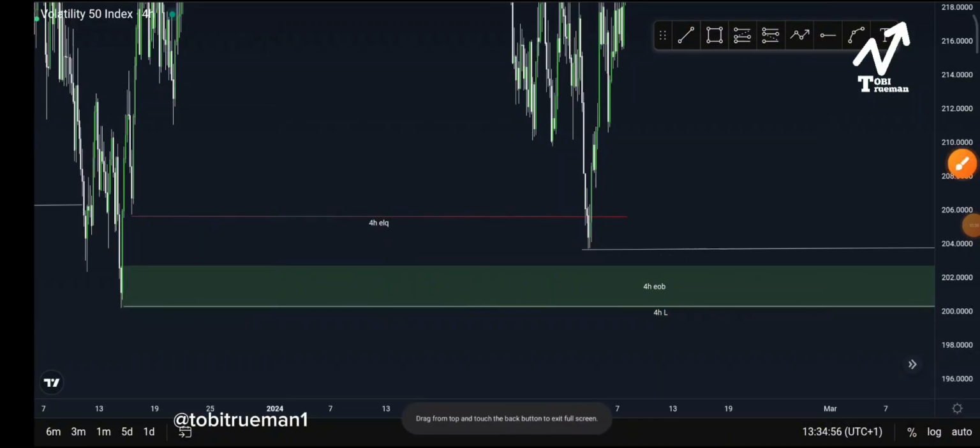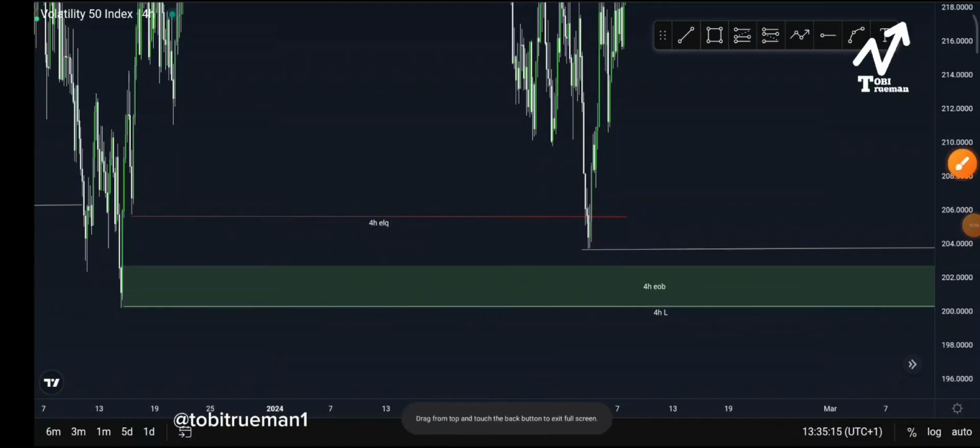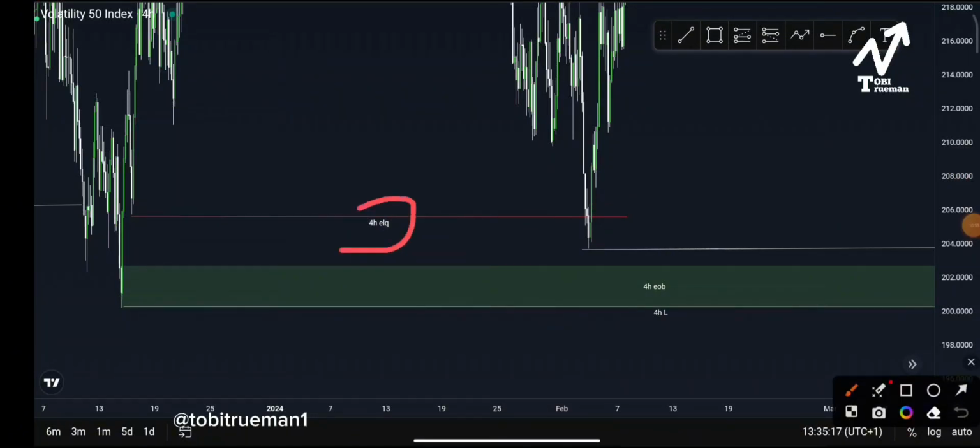For now, I'm going to work on a formula to be able to catch this type of entry after price has taken out engineering liquidity, because the entry model I have right now is to take entry when price has taken out inducement. If I see my entry, I will go along with it, but I've not actually tried any entry model using engineering liquidity.